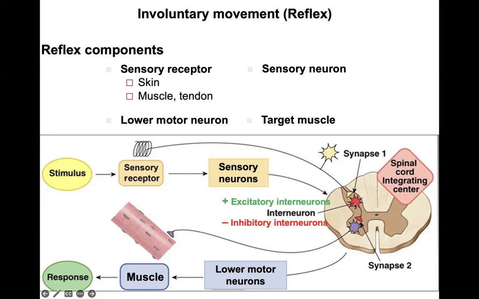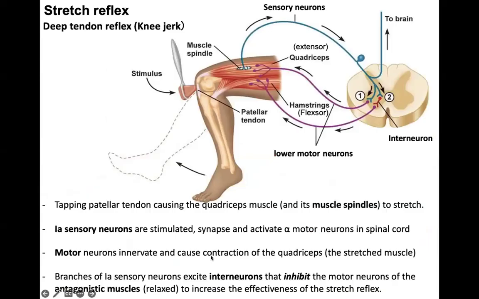If this is an inhibitory interneuron, that means when you activate it, it's going to release the neurotransmitter that will inhibit the function of the motor neuron. So keep in mind that when we talk about interneurons, we need to know whether they are excitatory or inhibitory. Okay, so this is again the reflex arc.